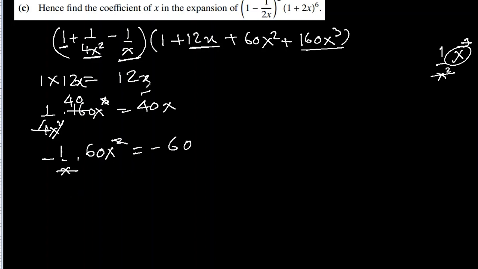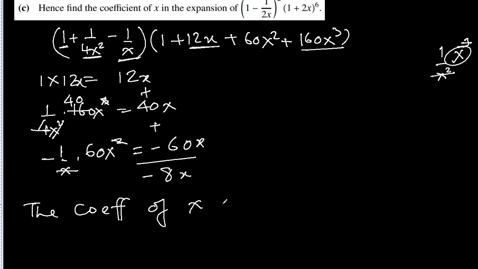Now we will add the like terms because all these three will be like terms and they give us x. So 12x plus 40x is 52x and minus 60x will be minus 8x. So the coefficient of x is minus 8.